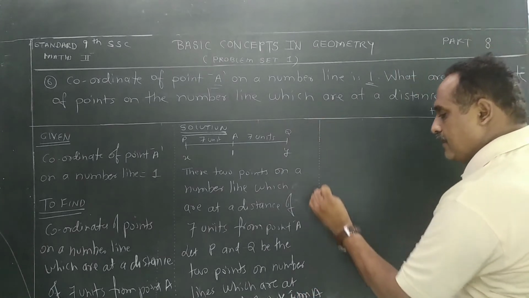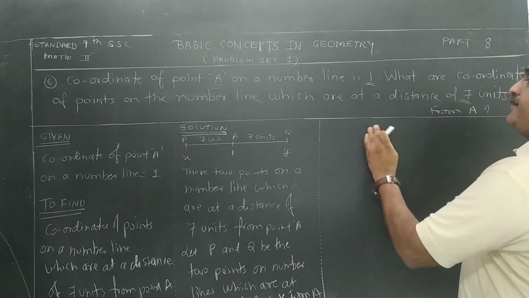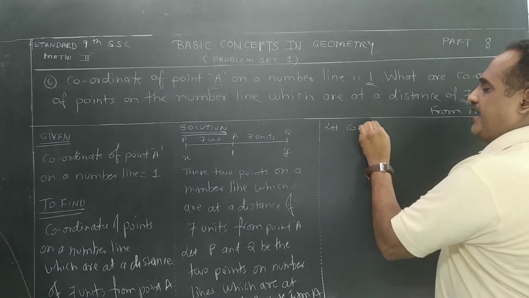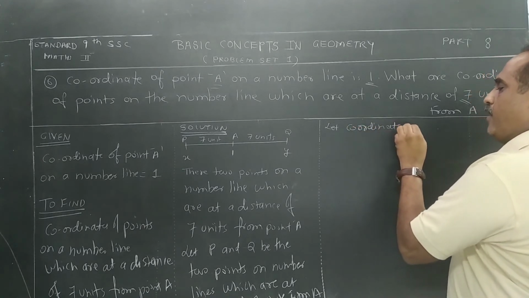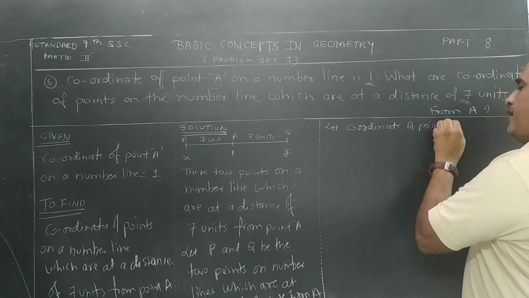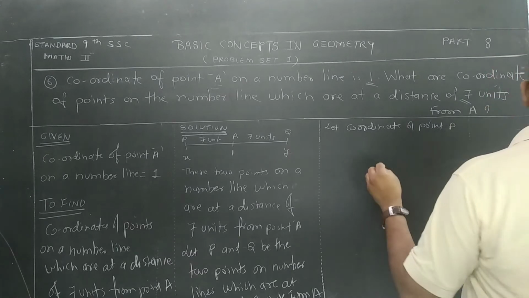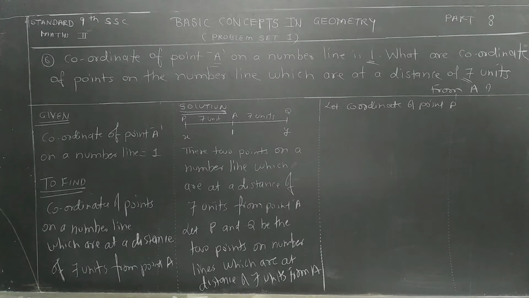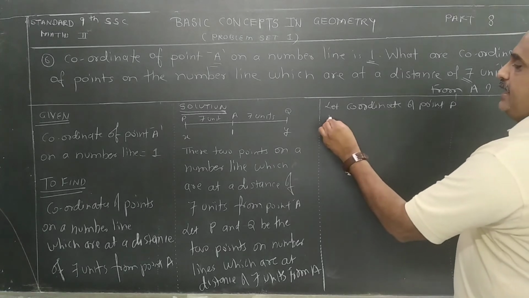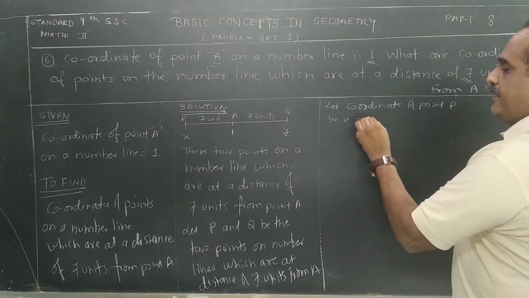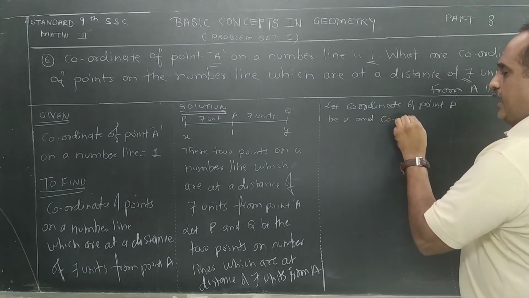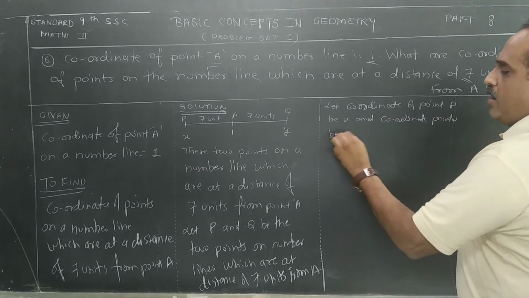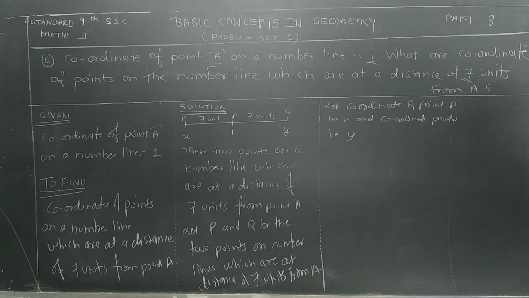And let the coordinate of point P be X and the coordinate of point Q be Y. That's what we have taken.